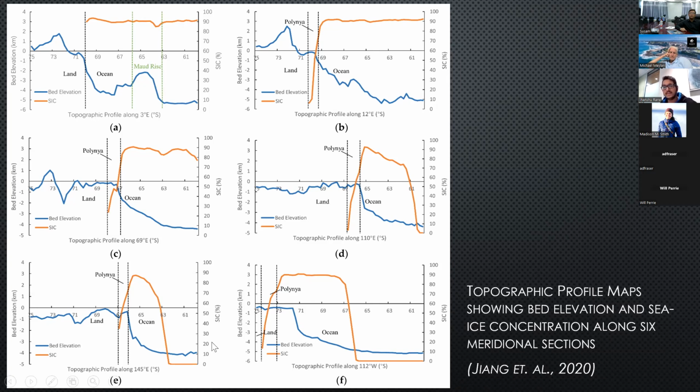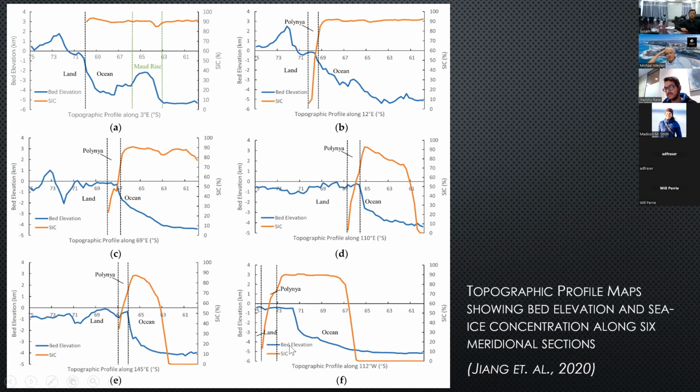So for convenience in this plot, we'll refer to the two edges of polynyas as land edge and ocean edge. The study remarked that since coastal polynyas are distributed along the edge of the ice sheet, there is a slight deviation between the land edge of polynyas in D and E compared to those in B and C. The study also implies that the ocean edge of polynyas is still consistent with the contours of the beginning of the continental shelf slope.